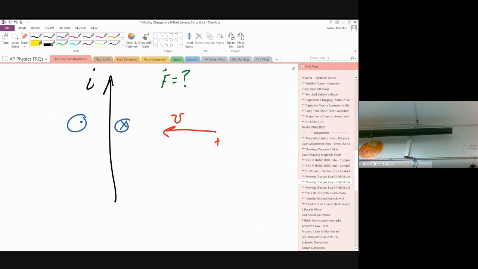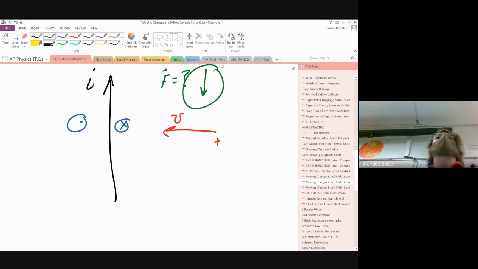Pull out your hand. That's how we do everything. Fingers left. And then which way is the B field going? In or out? So if we're rocking in, your thumbs are pointing down. So our force in this case is actually down.